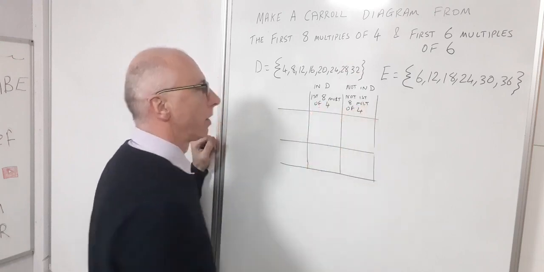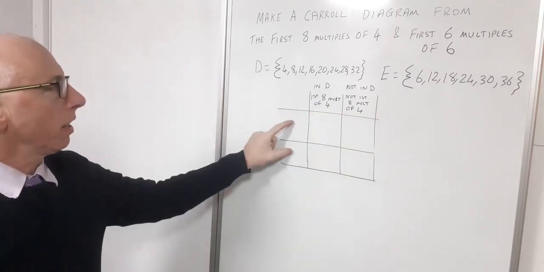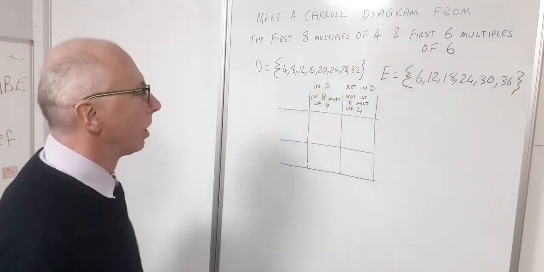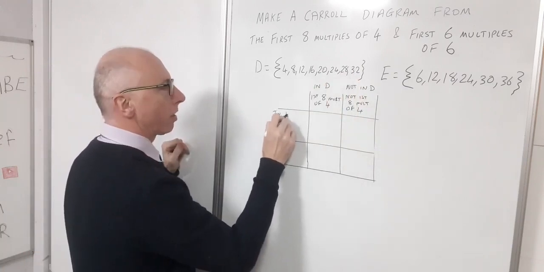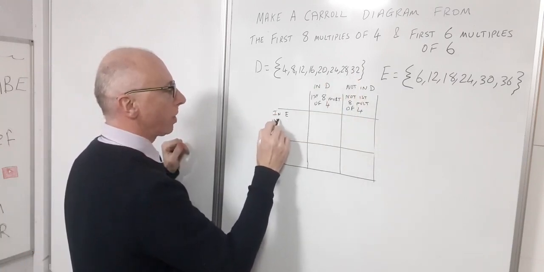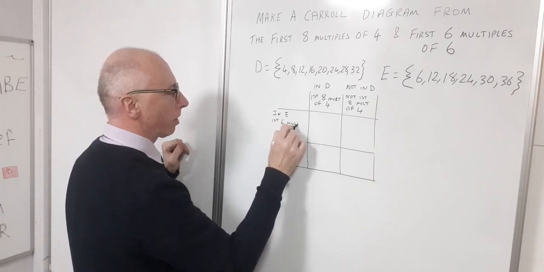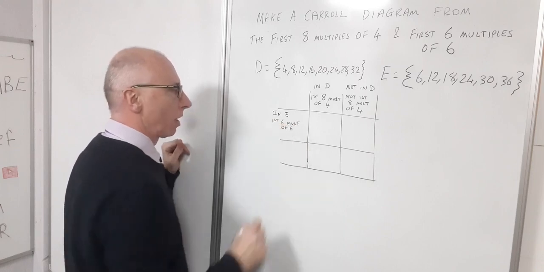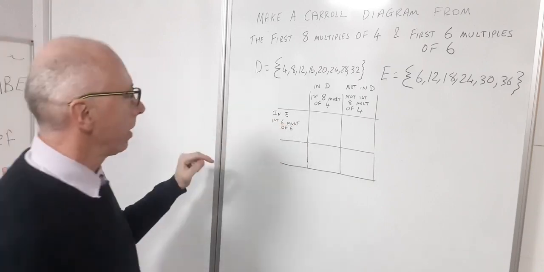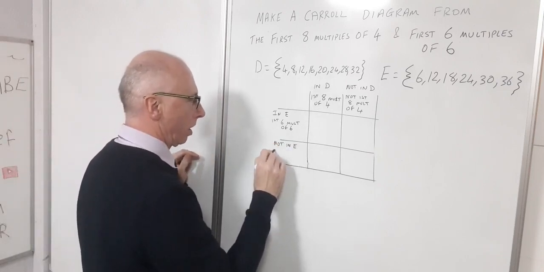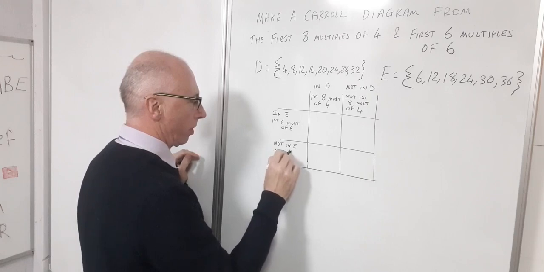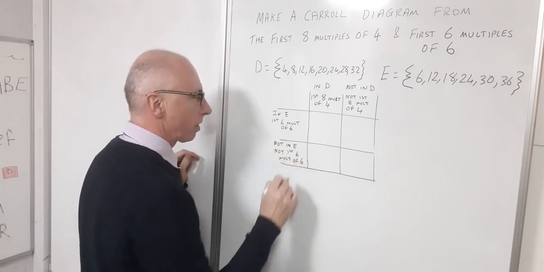So write 4 there. Okay, and then on here, you write this for this information. So now in E, so that's the first 6 multiples of 6. First 6 mult of 6. And then here, the ones that aren't in it. So not in E, not first 6 mult of 6.